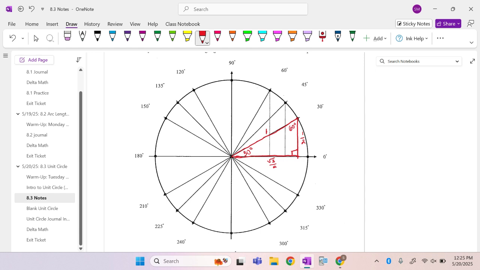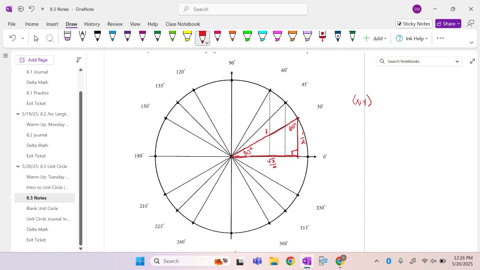Now, here's why this is important. We now have all the information we need to get the point where we're 30 degrees away from the x-axis. So if we're talking about a point x, y, x refers to what specifically? When we think x values on a coordinate plane, what do you think?